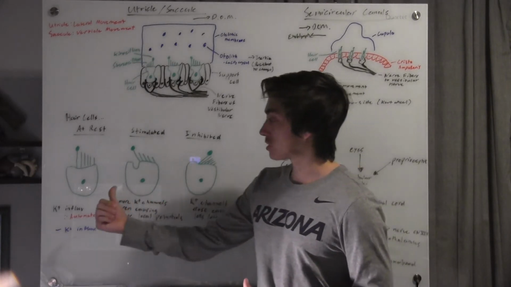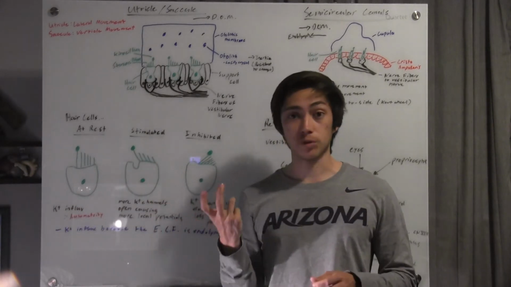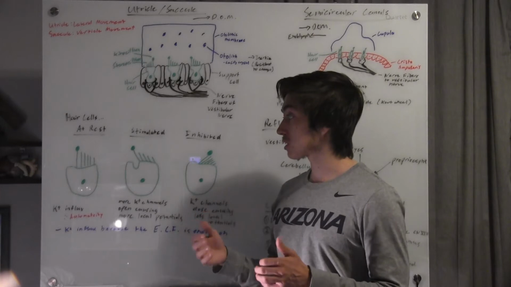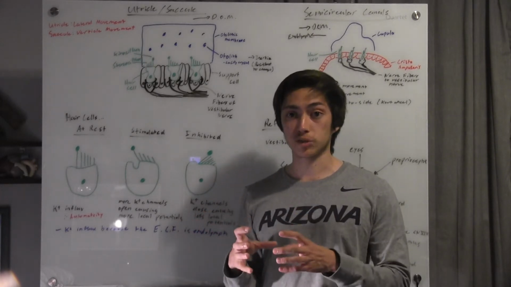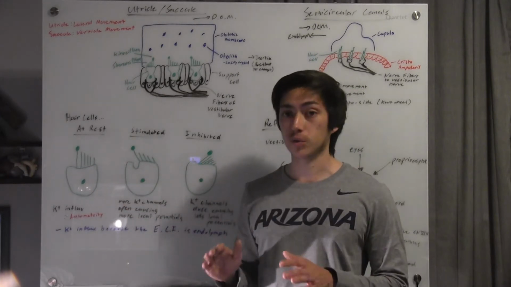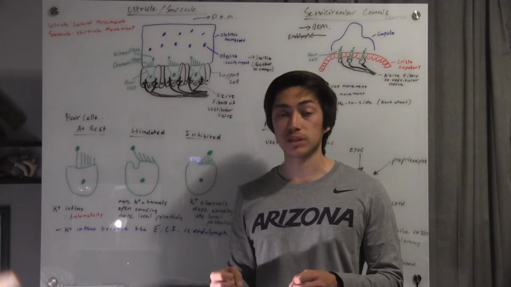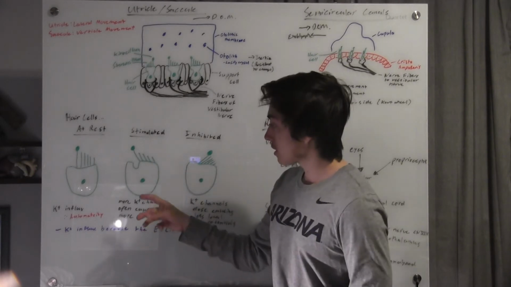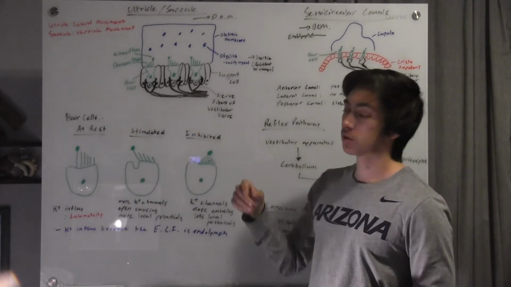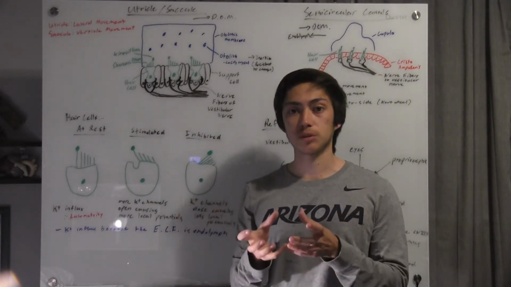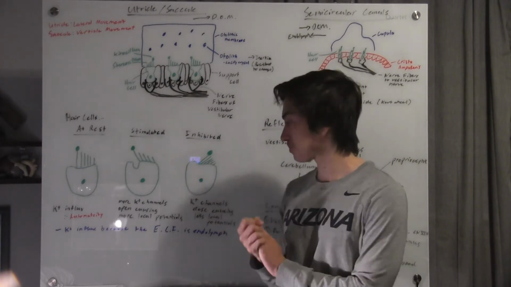So that potassium is going to be allowed to enter this hair cell because of those potassium channels, and that's going to cause the cell membrane to depolarize. That creates local potentials. The hair cells cannot create action potentials. So that local potential is going to cause the release of neurotransmitter, and that neurotransmitter is going to stimulate these nerve fibers that form the vestibular nerve of the vestibulocochlear cranial nerve.